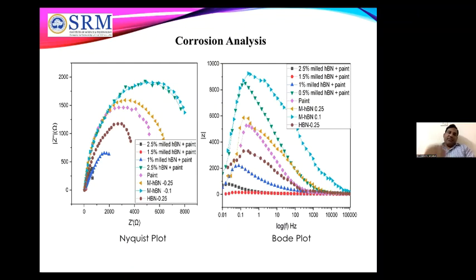So we checked the pure HBN and mild HBN, and what the changes in corrosion resistance are, and found that the mild HBN, even when we added 0.1 weight percent in the paint system, gives a better result than adding the pure 2.5 HBN in the paint system. The same results we obtained in the next plot. So it is good. We can say that we are obtaining very good results for corrosion resistance with minimum concentration of hexagonal boron nitride using the ball milling method.